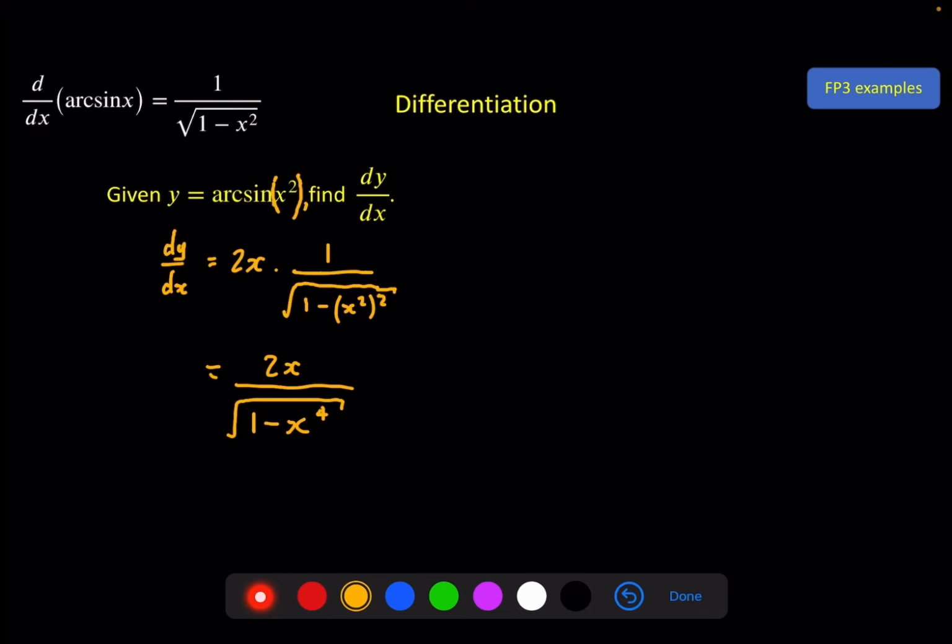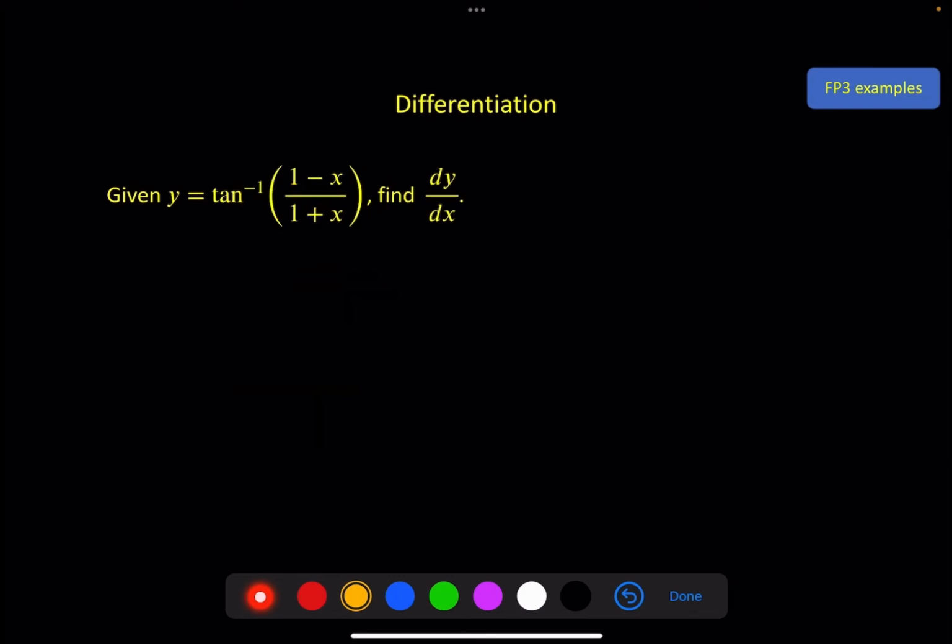Second example is a little bit more involved, but a very similar idea. Given that y is equal to the arctan of this, find the derivative. Well, we're going to do the same thing. We're going to use the derivative of arctan, substituting this in for x, but we are also going to need to multiply by the derivative of this, which is what makes this a little bit longer.